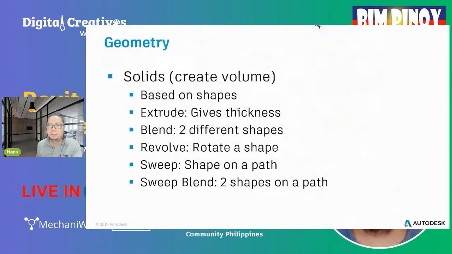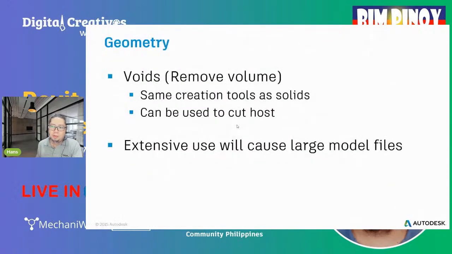And then solids. For those geometry, I'm sure most of you know how to do extrusion, some blending, but we will discuss these methods further when we use the software. Revolve, rotate a shape, sweep a shape on a path, sweep blend a shape on a path. Voids are technically removing some volumes, same as extrusion, and can be used to cut the host.